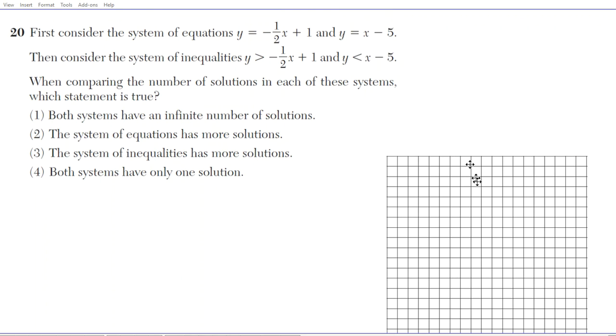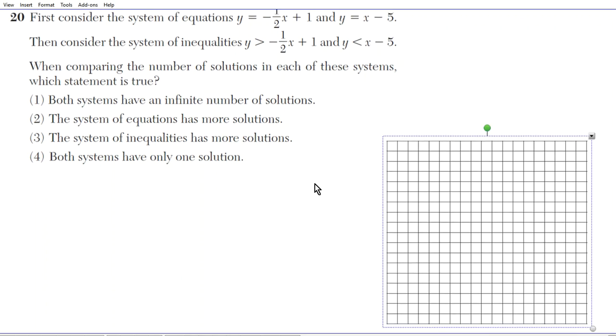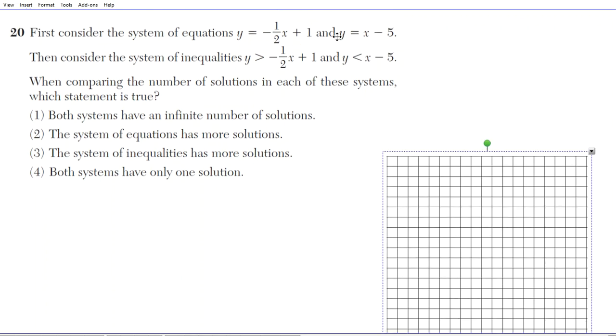Alright, so in order to avoid being too abstract, we're just going to go ahead and graph both of them, okay? And then when we're done graphing, we'll compare them and see what the correct answer is. So let's start with the system of equations first. So we have y equals negative 1 half x plus 1.